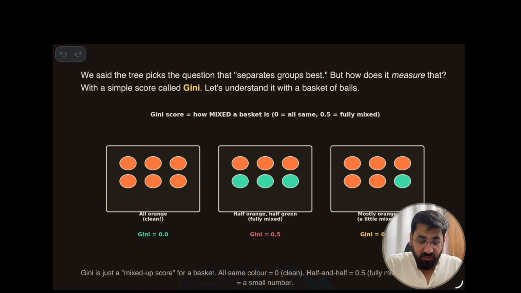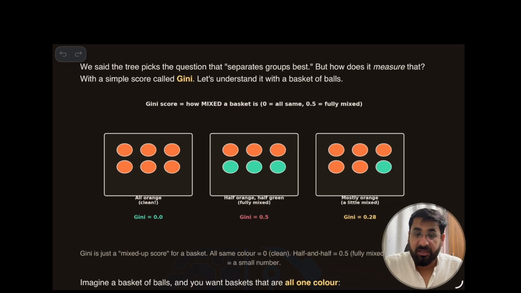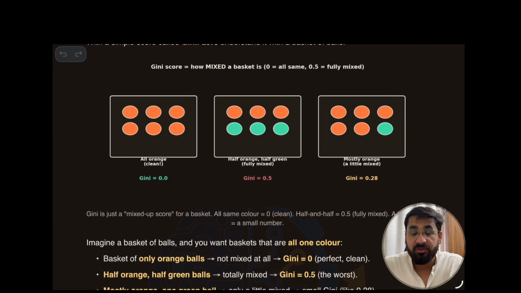One bucket has only orange balls. The second bucket has 3 orange and 3 green balls, and in the third bucket we have 1 green and 5 orange balls. And as I have told you, we have a coefficient called Gini.